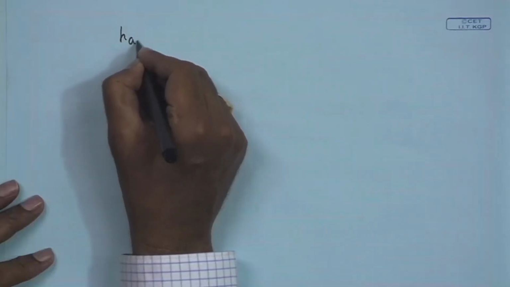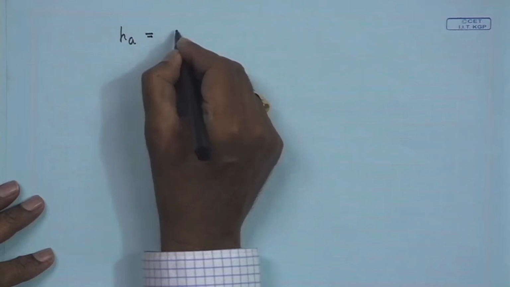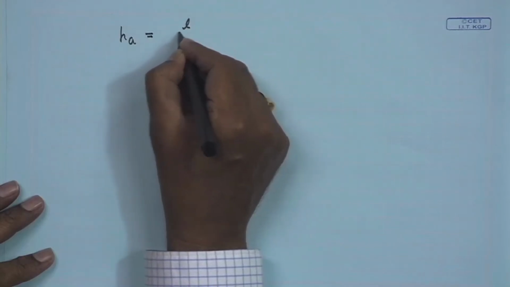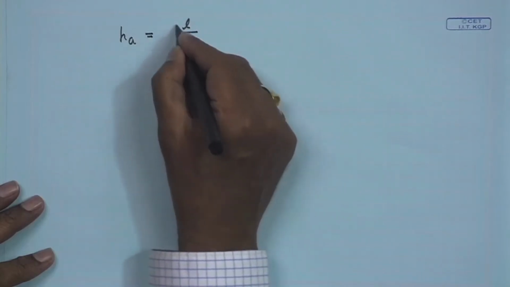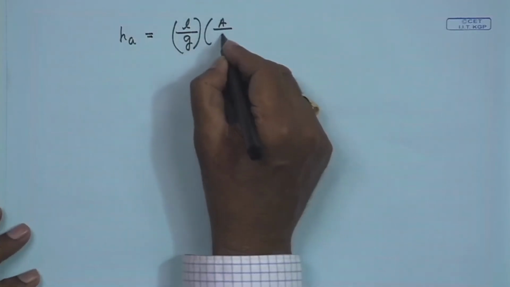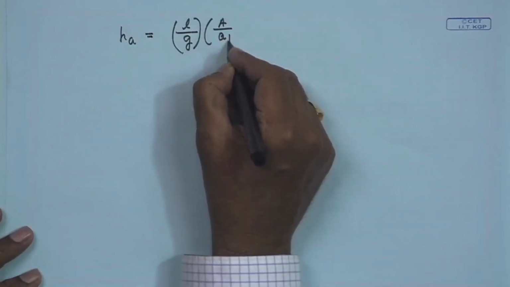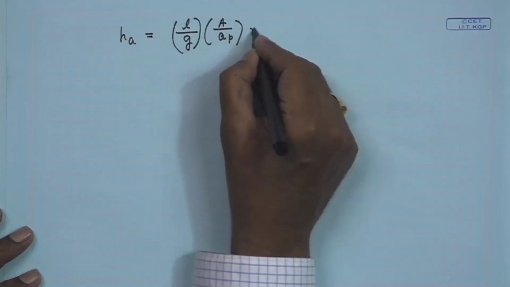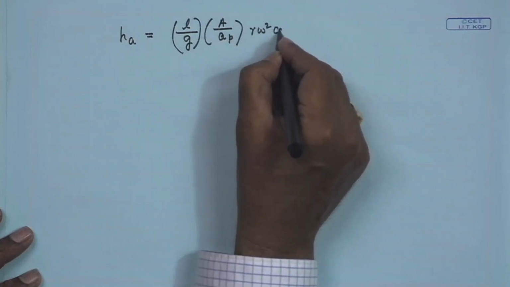The acceleration head H A is length by g, times the area ratio, area of the cylinder and the cross sectional area of the pipeline, times R omega square cos theta.